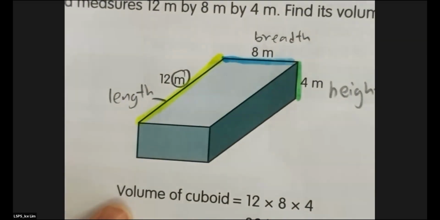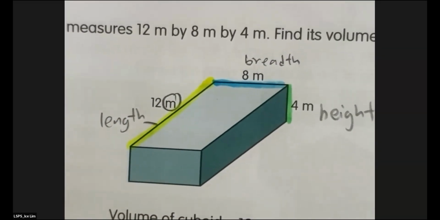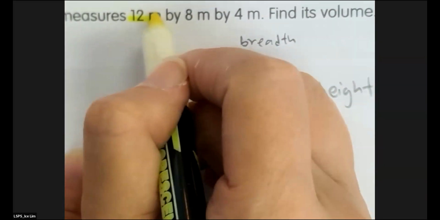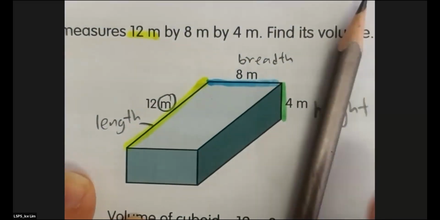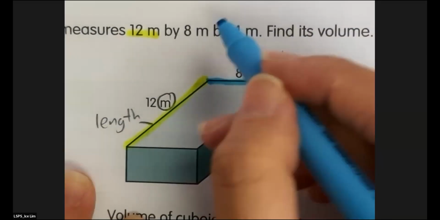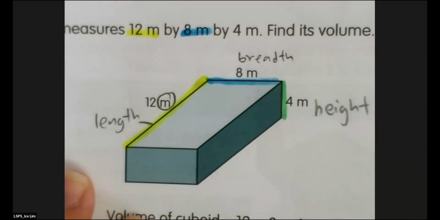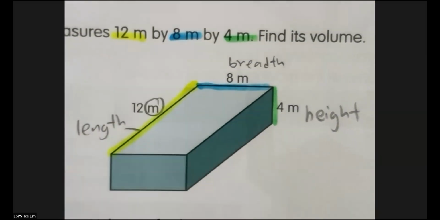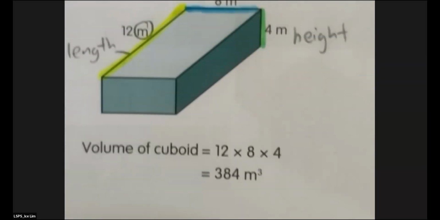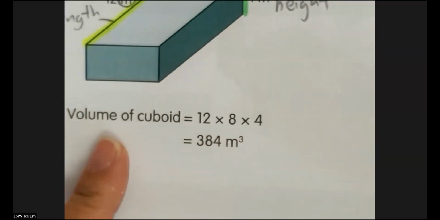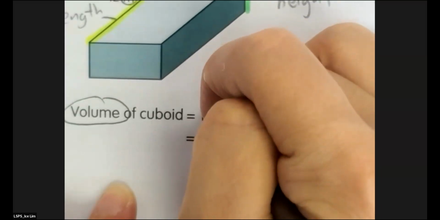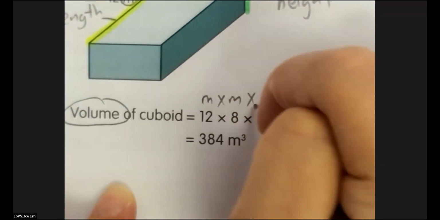Can you understand? Now, in this case, I can see the 3 measurements: meter by meter by meter. If you look carefully, how is the measurement happening? The volume is now meter times meter times meter.